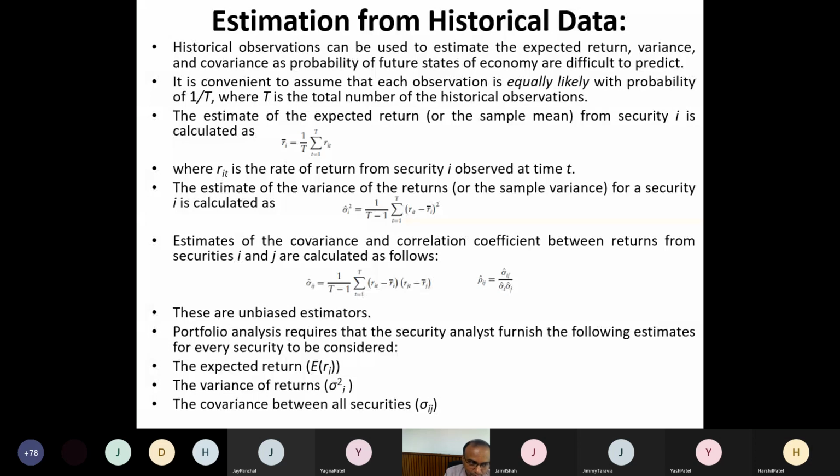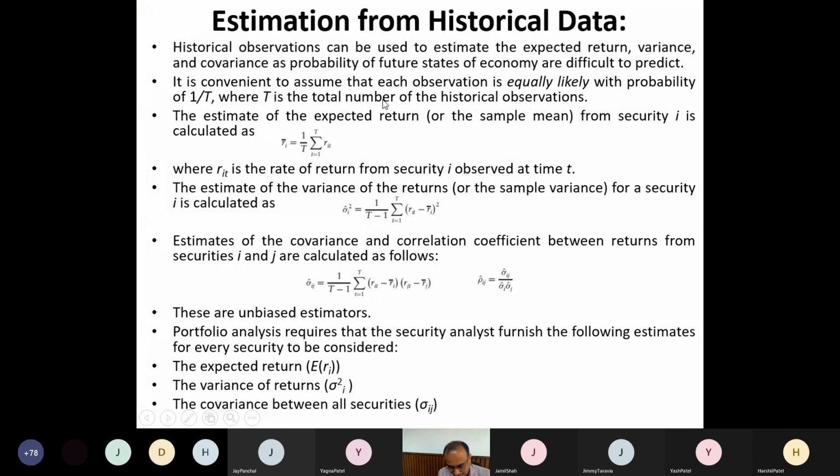In history also the economy has passed through the booming phase, the normal phase, or the recession phase. So it is convenient to assume that each observation in the historical data is equally likely, with probability 1 by T.